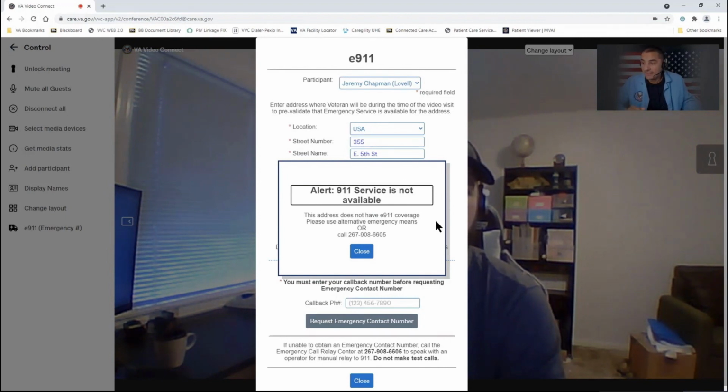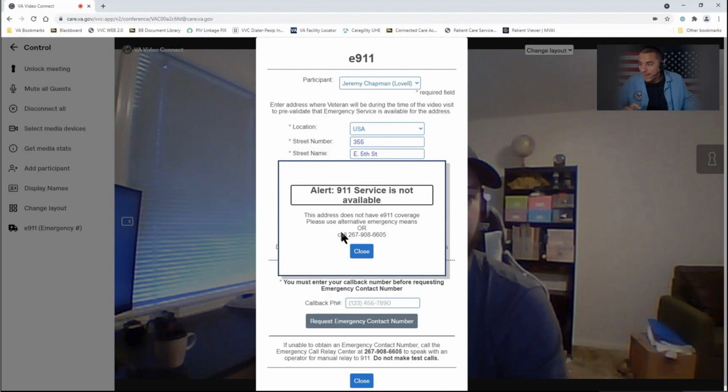This address does not have E911 coverage. Please use an alternative emergency means or call the 267-908 number. The 267-908 number is the emergency call relay center that I was mentioning. So this is our indication at the beginning of the session, even before we start having the encounter. While we're doing our check-in, we're going to know whether the veteran is at a location where there are E911 services or not. And here's our indicator for that.